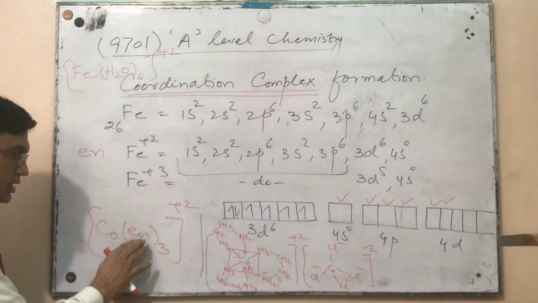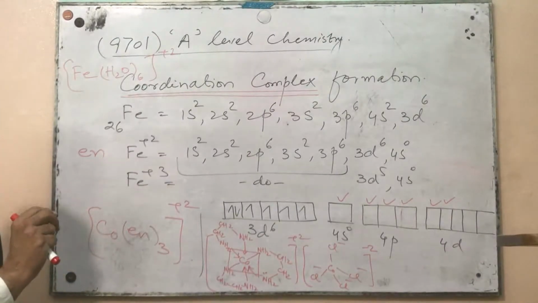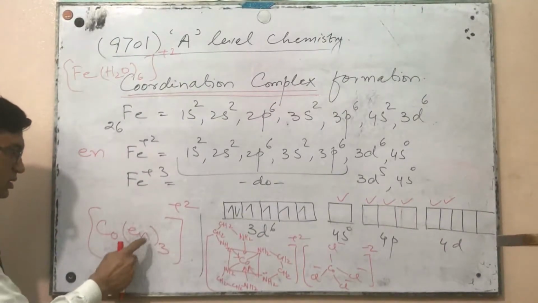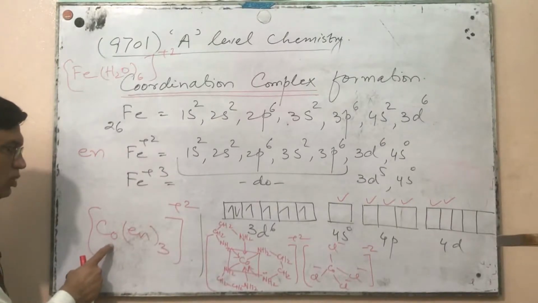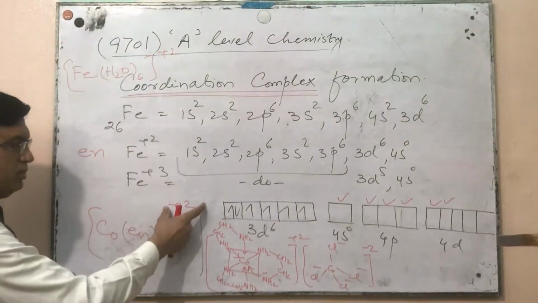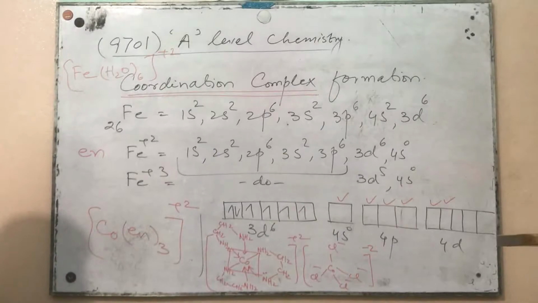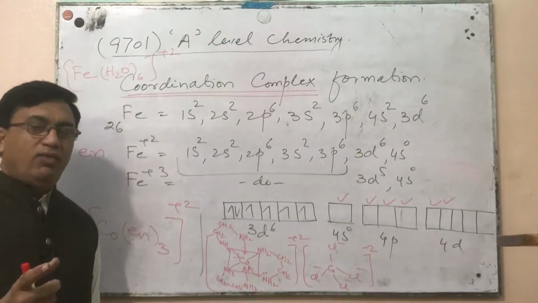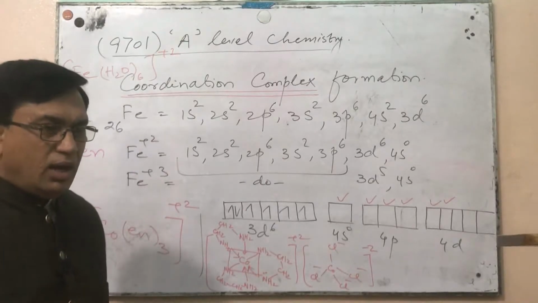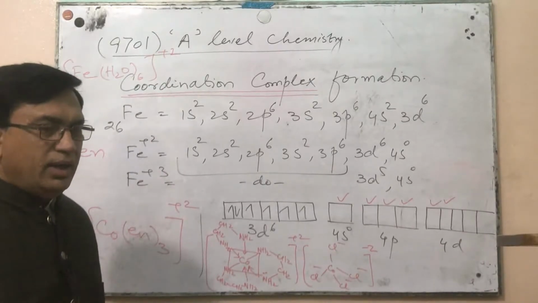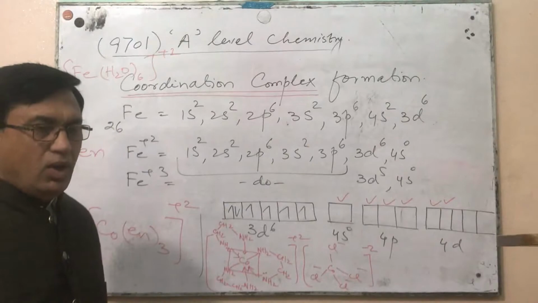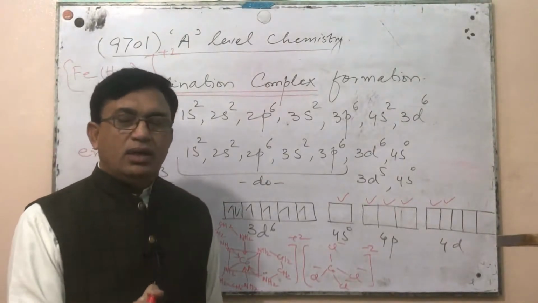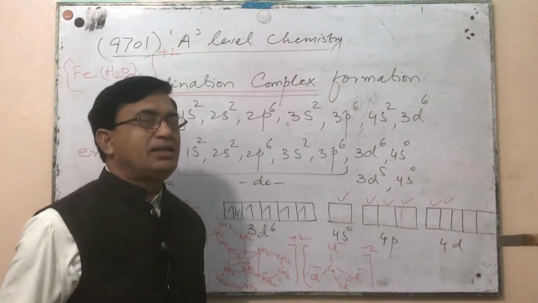That's why the charge is not included in the ligand, and the cobalt charge is represented here. This can take place only when the ligands are either bidentate or polydentate, or the ligands are very small in size.